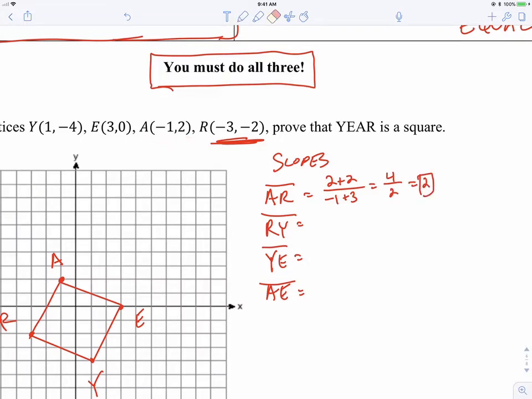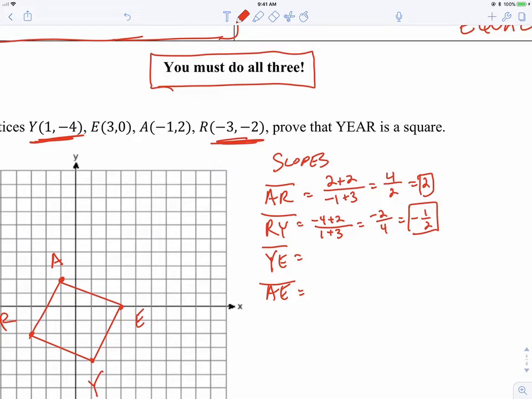Now let's do the slope of RY. We're going to use these 2 points. Y minus y: -4 minus -2, so that's a plus 2. And then 1 minus a -3, which is a plus 3. So that's going to work out to be -2 over 4, which is -1/2.